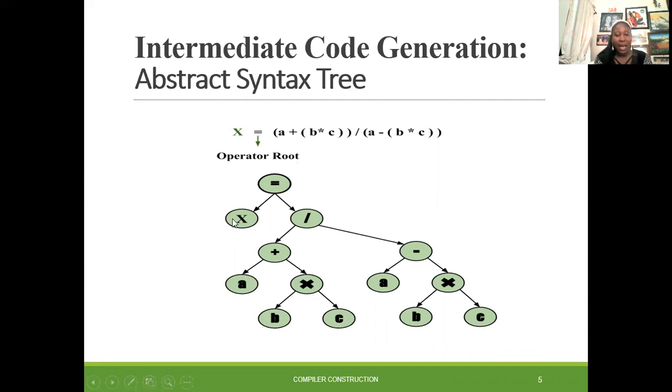So you see X here, you see your A here, you see your B here, you see your C here. So at the end, we're saying that X equals A plus B. Of course, you have your parentheses multiplying B and C together. And then everything on this other side is divided by A minus B times C. So that is an abstract syntax tree, and it is one form of intermediate code representation or generation.